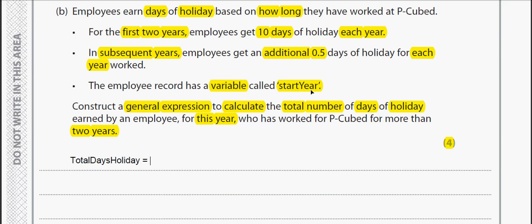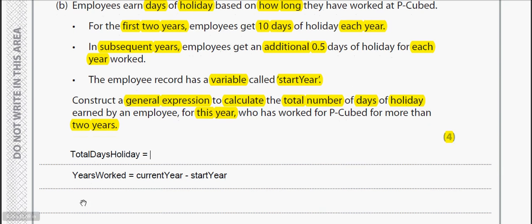So we can work out how long the employee has worked, because we can take the current year, which will be known obviously, and we can take away the start year. Okay, so again, you have to show how you've worked out years worked. You don't necessarily need an extra variable, but taking it in steps may very well help.